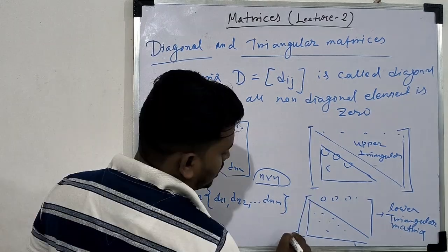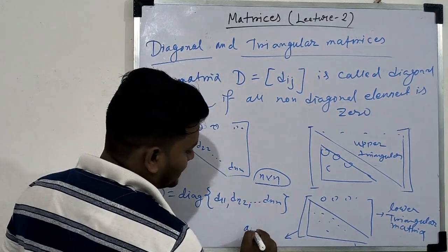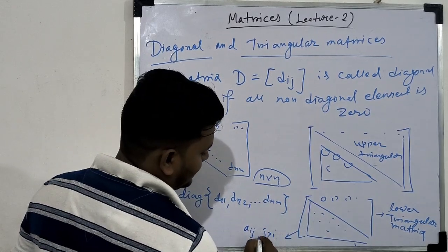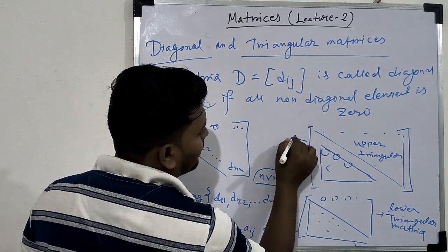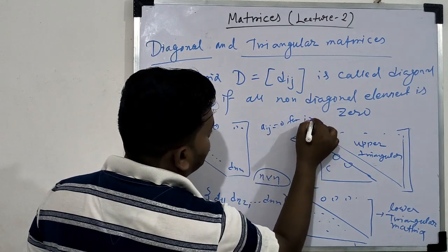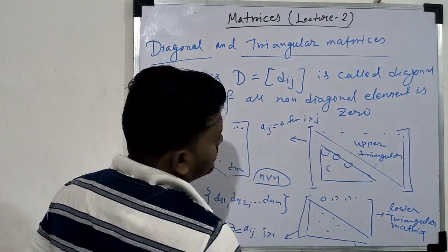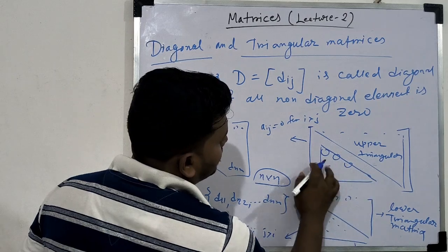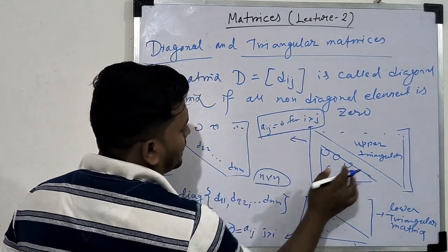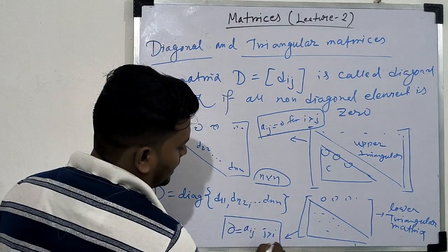For the lower triangular matrix, all Aij with j greater than i are 0, and for the upper triangular matrix, Aij equal to 0 for i greater than j. So when this happens, it is upper triangular, and in the lower triangular matrix the other happens.